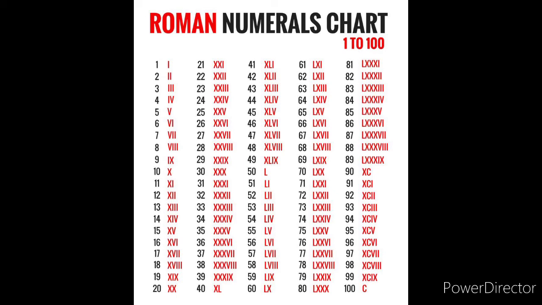You can notice that till 50 the same thing follows, and 50 represents L. L is 50, LI is 51, and LII is 52. You can see the patterns, how it is going on. Finally, 90 we write differently, that is XC, that is 100 minus 10, and it will go on till C, 100.